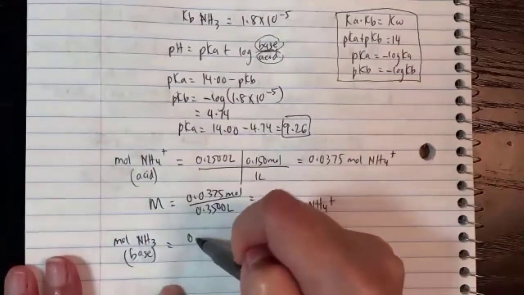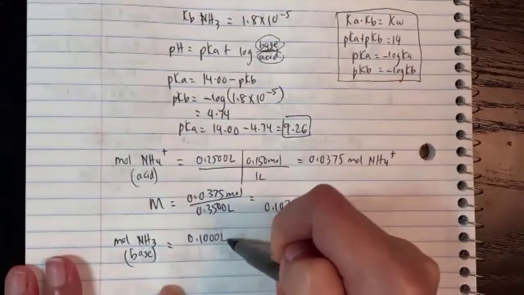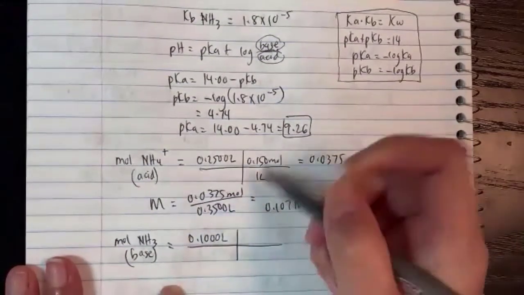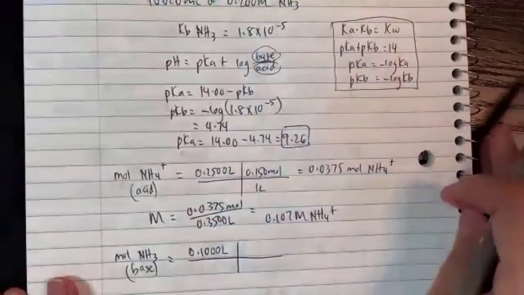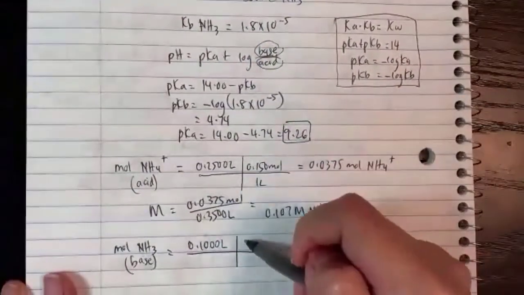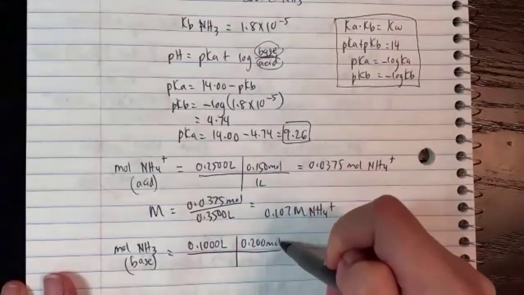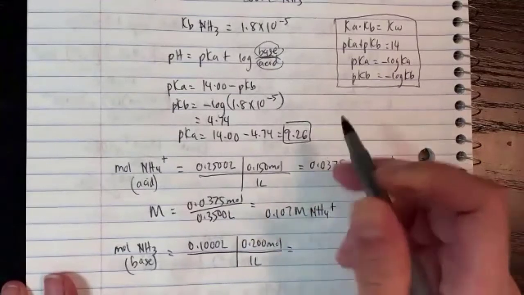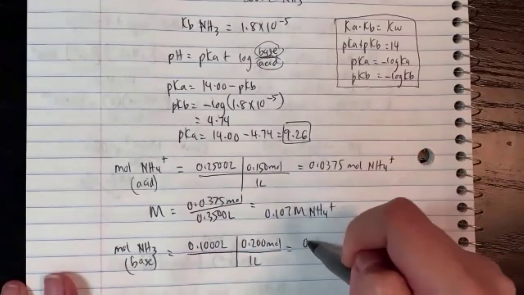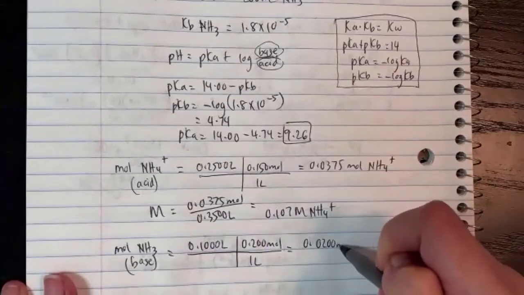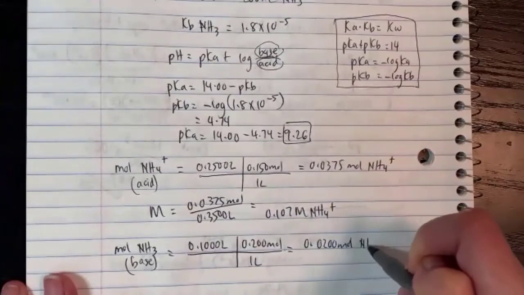Take 0.1 liter, this is 100 mL, and then you multiply with the molarity that's given, 0.2. And I get 0.0200 moles of NH3.